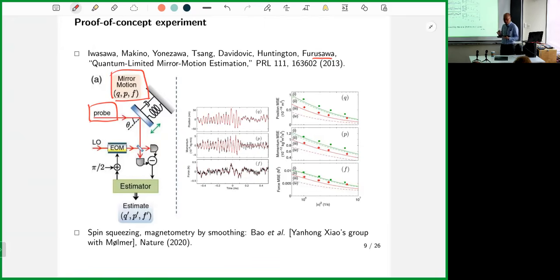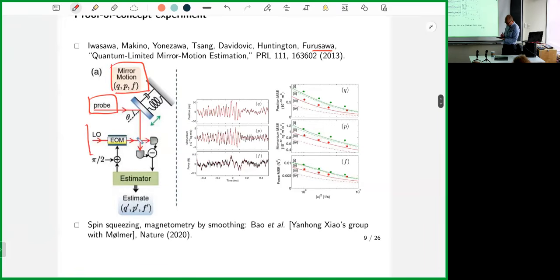So you don't need to worry about radiation pressure noise or anything. And then the measurement is just adaptive homodyne. And then the estimator is some smoothing algorithm. So they managed to show experimentally that the final error is very close to the quantum limits.